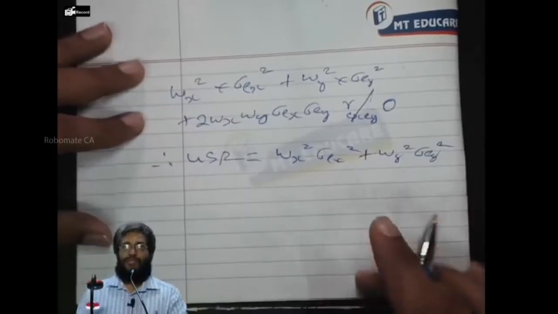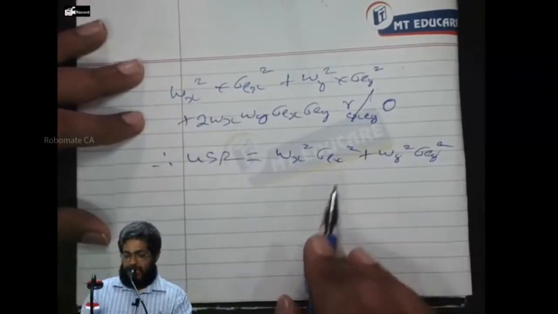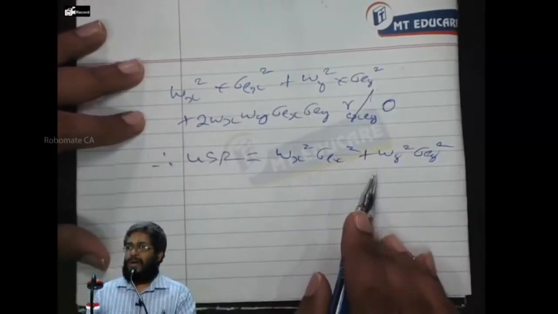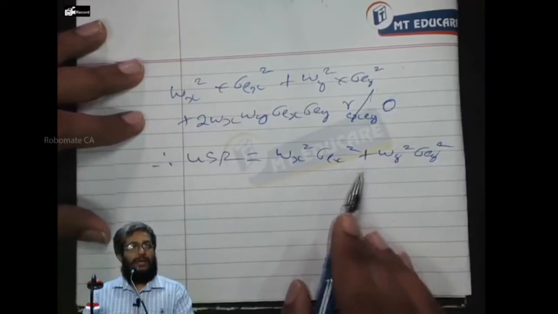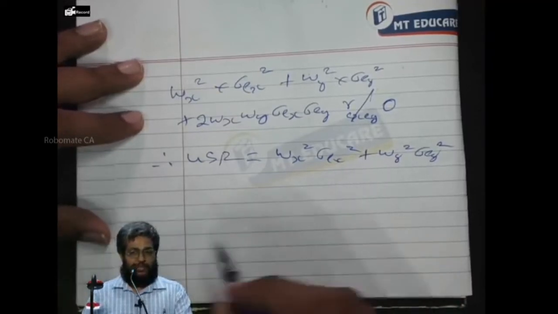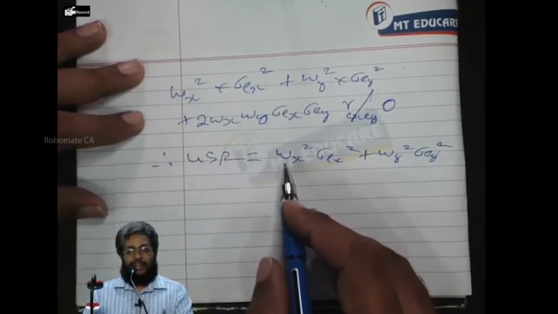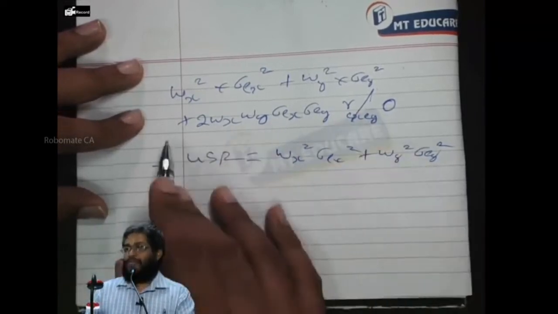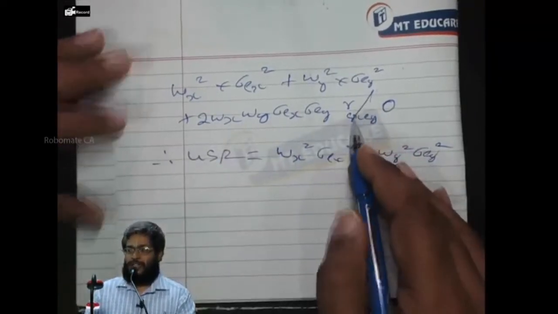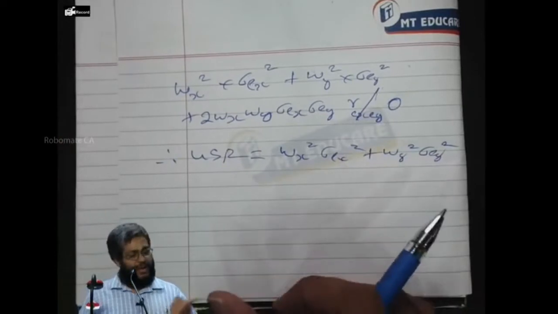Everybody, are you understanding or not? The third component becomes 0 because the correlation is 0. That particular part of the formula vanishes.